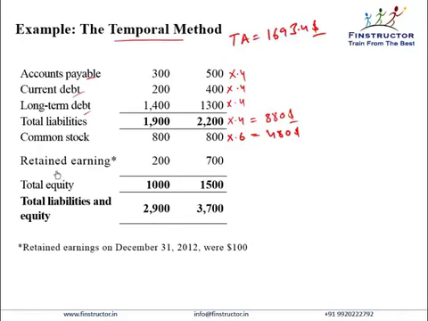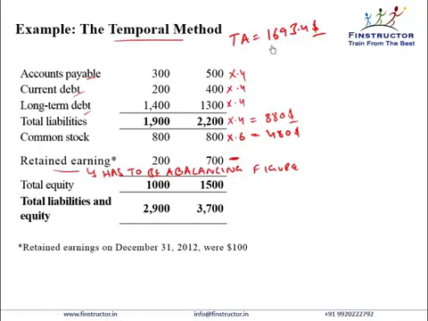So the retained earnings has to be a balancing figure. So whatever this number is, it has to make the balance sheet match, because there is no other entry at our disposal like the cumulative translation adjustment in the current rate method.